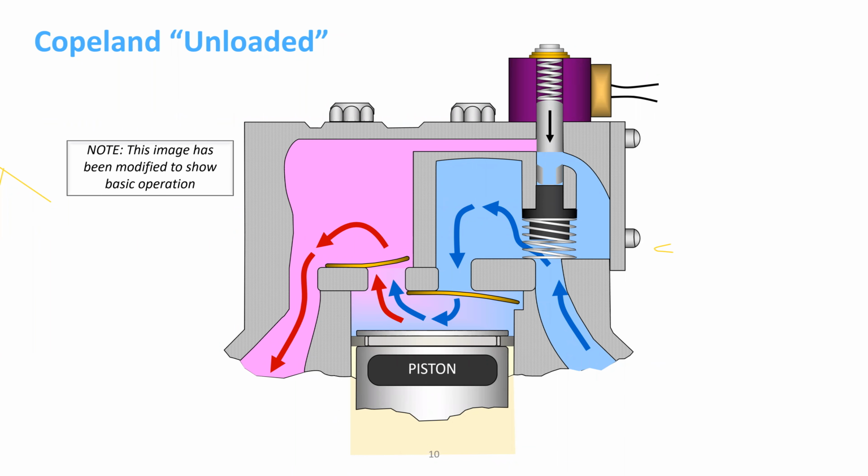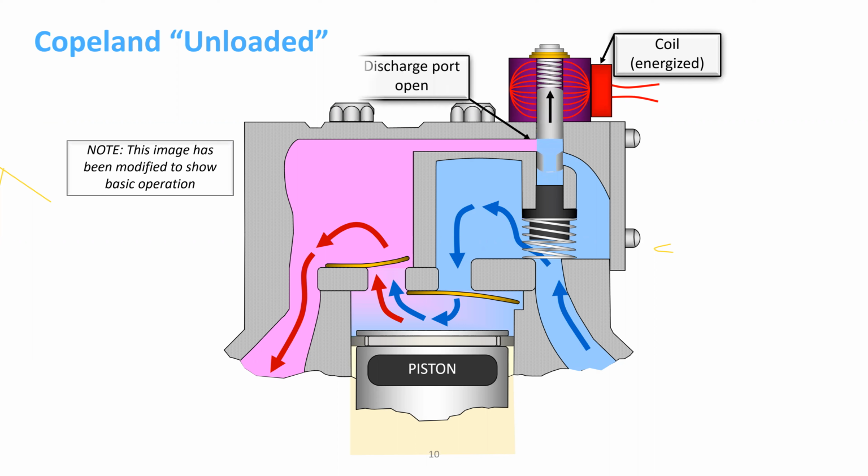So now we're going to show what happens when we unload, or effectively shut off, the piston, allowing the compressor to still run, but this one piston now, which is usually one of 3 or more if it's a bigger one. But anyway, let's see what happens when we want to unload. So we're going to energize the unloader solenoid up top, which draws its piston up, and it's effectively going to activate this bypass piston, the sub-assembly piston that's in here.